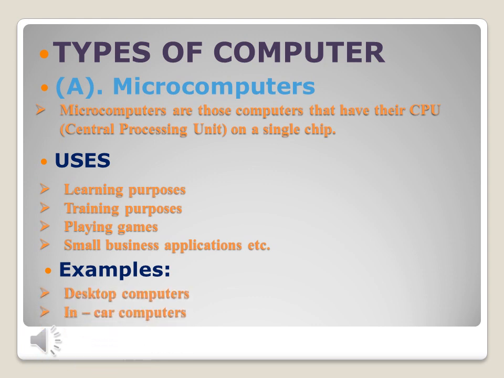Now let's discuss the types of computer. On the basis of uses and their performances, the computers are categorized into different types. The first one is the microcomputers. The microcomputers are the computers that have their CPU on a single chip. That means the complete system will be in a single chip.